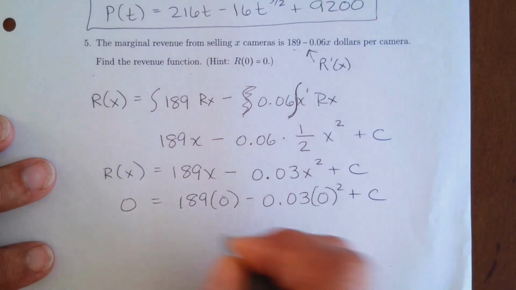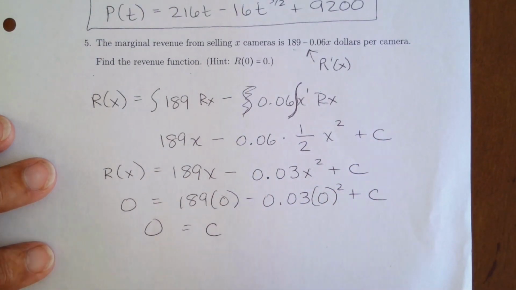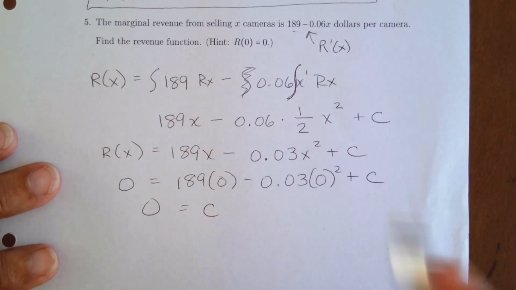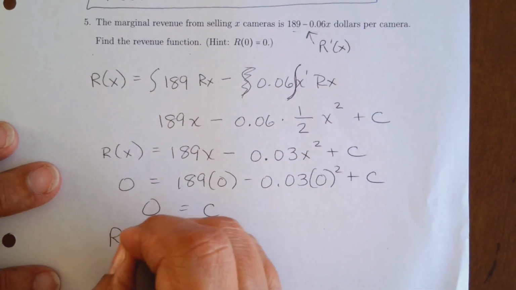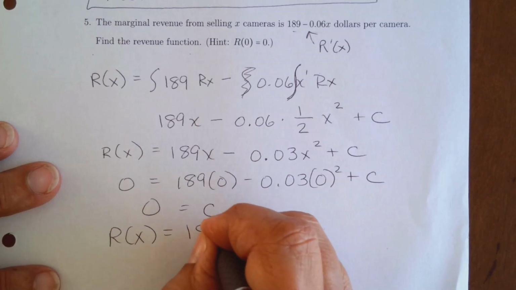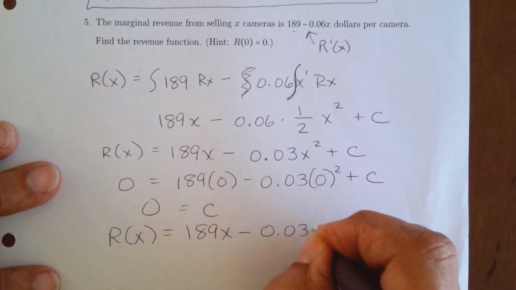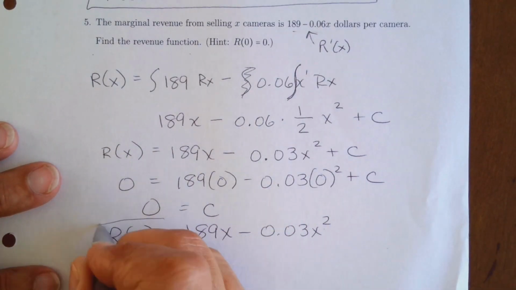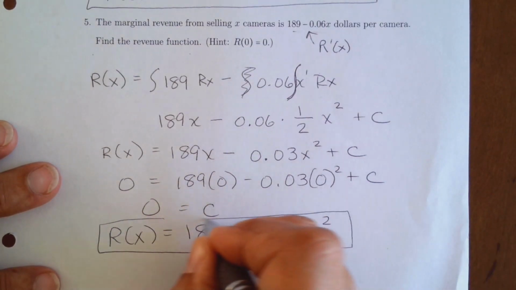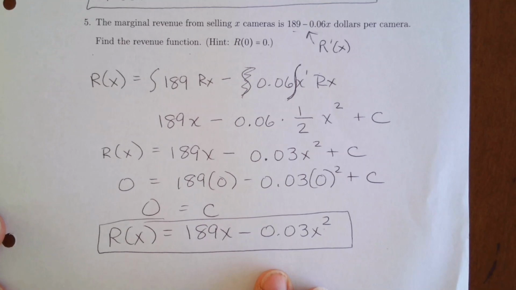So guess what? C is 0. That means your revenue function doesn't have a c. You could put plus 0 if you wanted to. That would be okay.